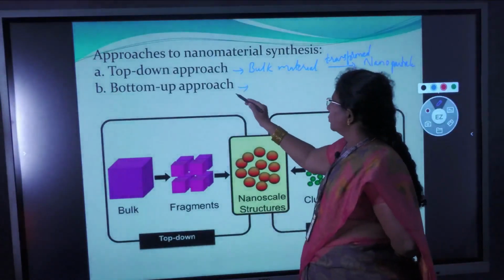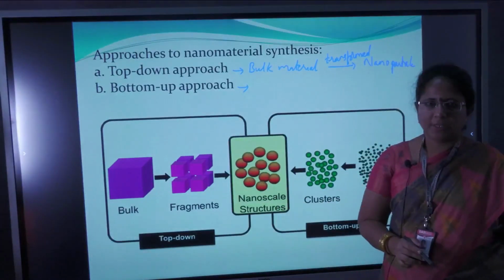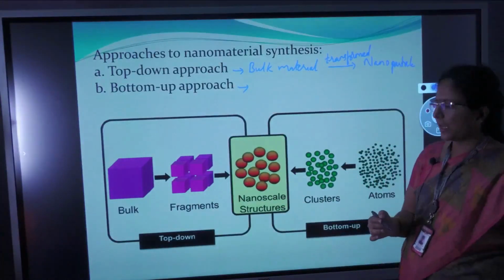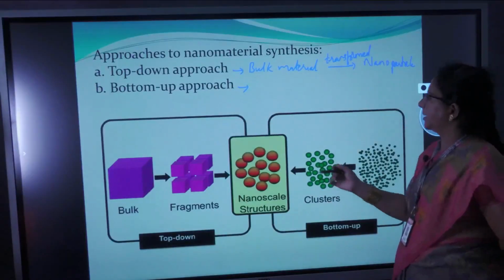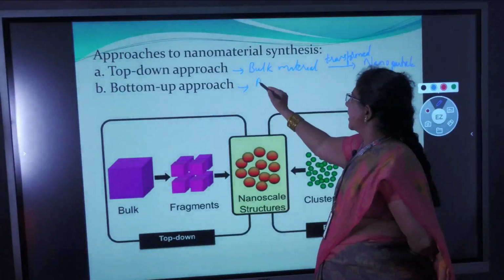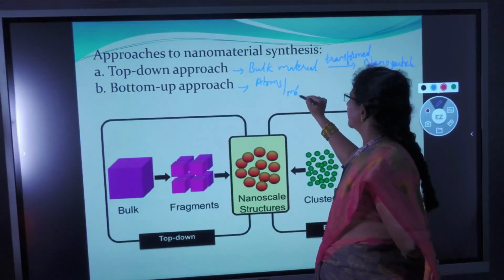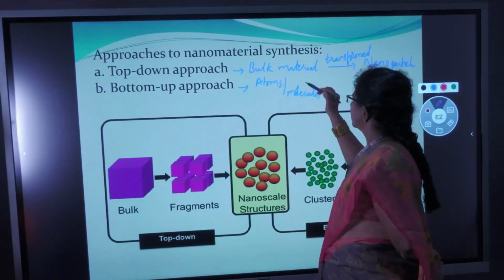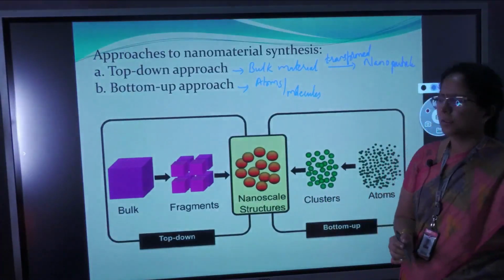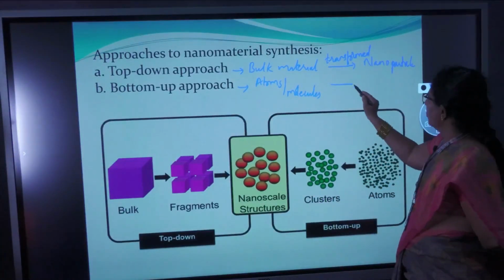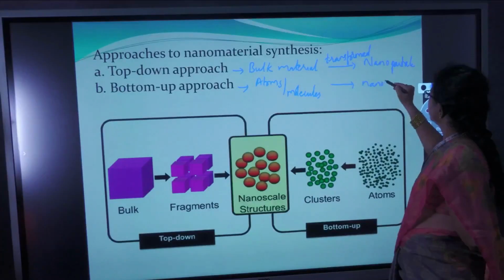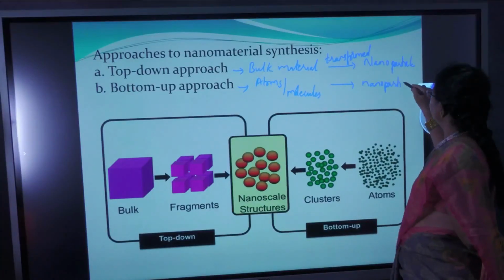In the bottom-up approach, we will start with materials which have size less than the nanoparticle. That means here we can start with atoms or molecules. Now these will be made into nanoparticles. How?